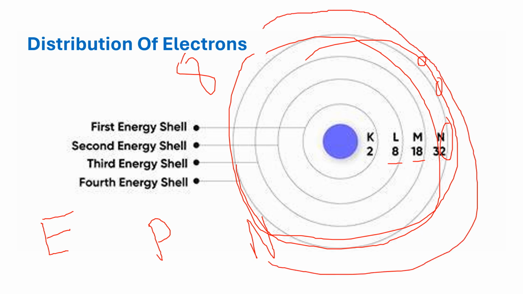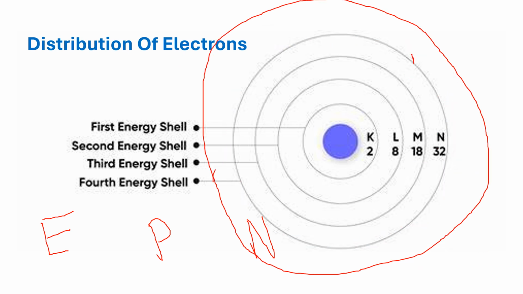The outermost imaginary orbit is known as the conduction shell or conduction band, and the gap between the valence band and the conduction band is known as the forbidden energy gap. The electrons near the nucleus are strongly bound, and the electrons away from the nucleus are weakly bound to the nucleus.